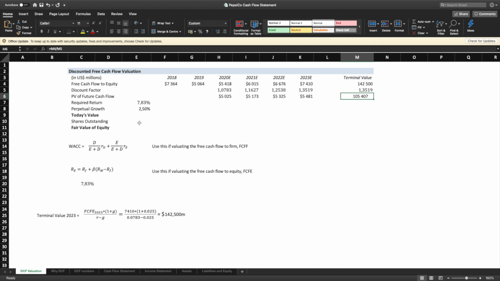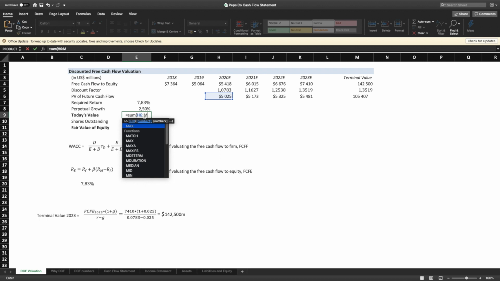And what we can actually do now in order to get to today's value is sum up all of the future cash flows at present value, which we have calculated. So this is in short equal to the sum of, let's see, H6 to 6.